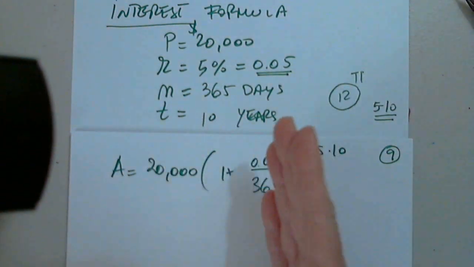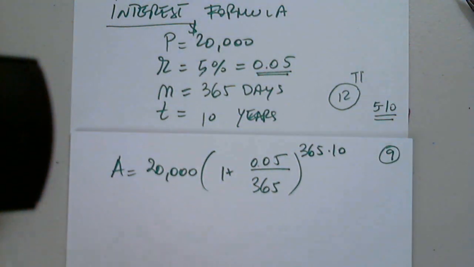Do not calculate piece by piece. You will introduce too much error, potentially. So what I'm going to do, where is my share button? Okay, so we are going to put it in the graphing calculator.